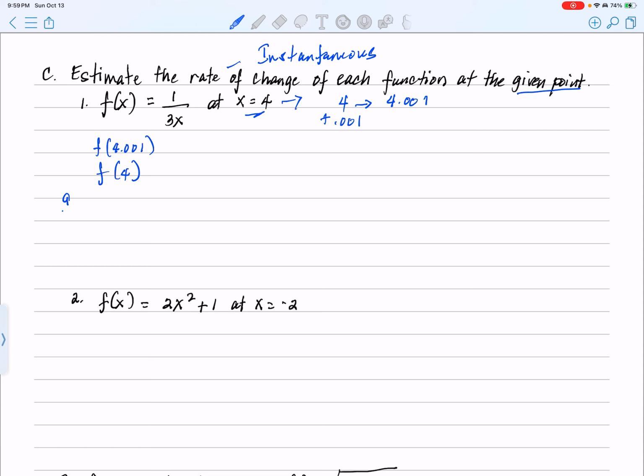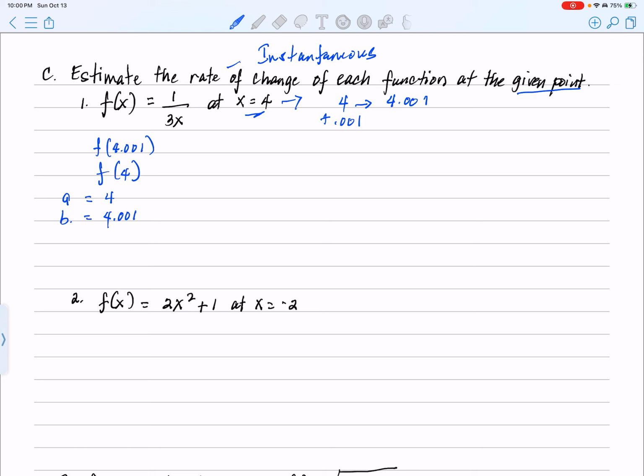That means my A is 4 and my B is 4.001, because that is the point after 4. And the function of 4.001, what would that be?